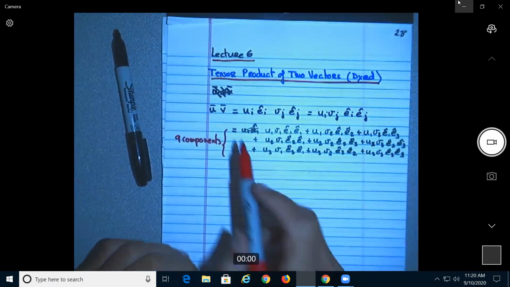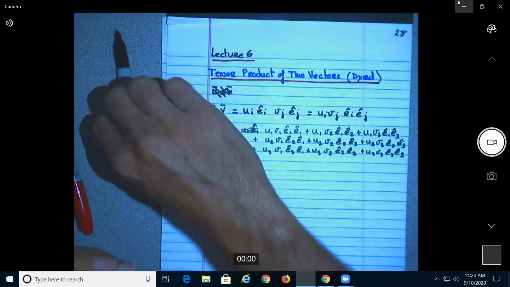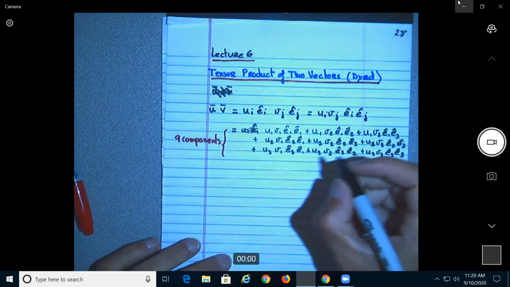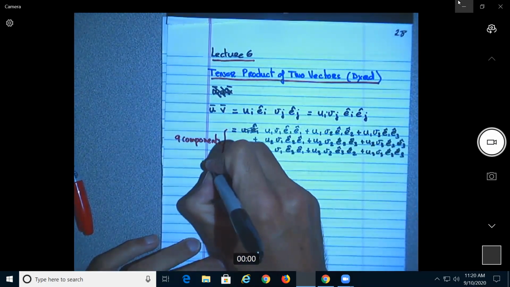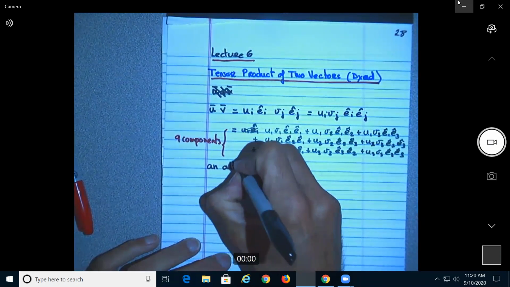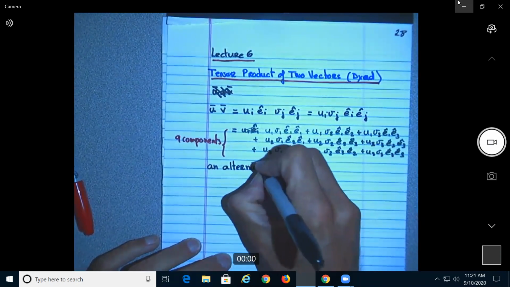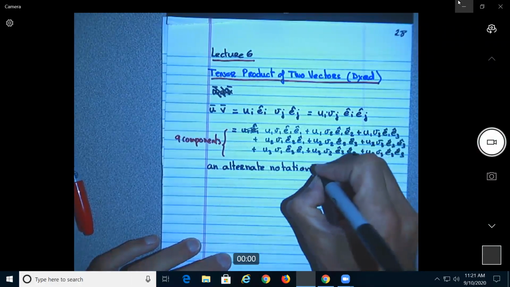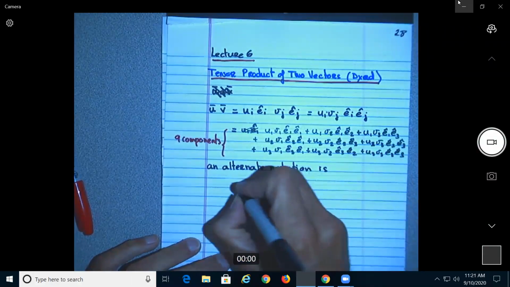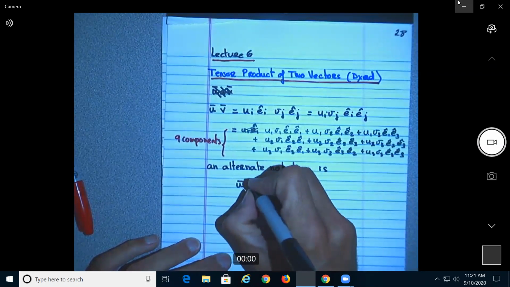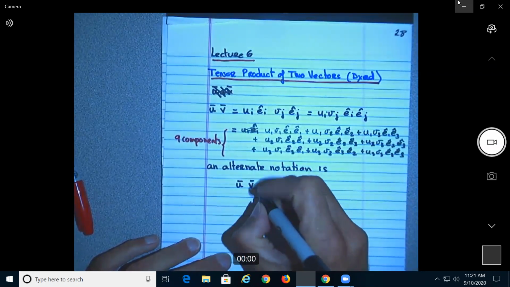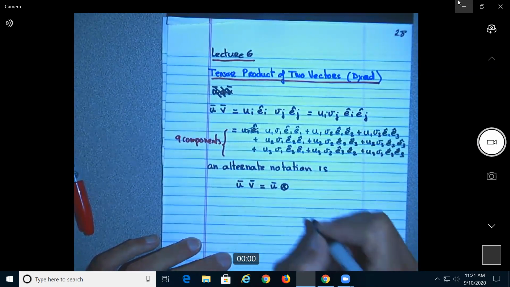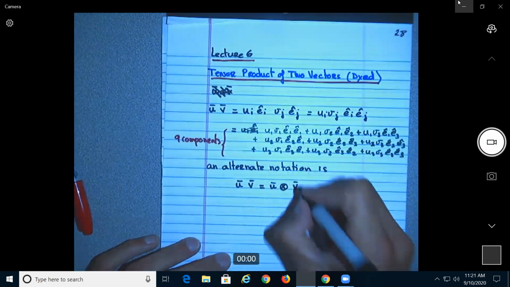Because this notation is a little bit ambiguous, the alternate notation is to rewrite uv as u, circled cross, v.